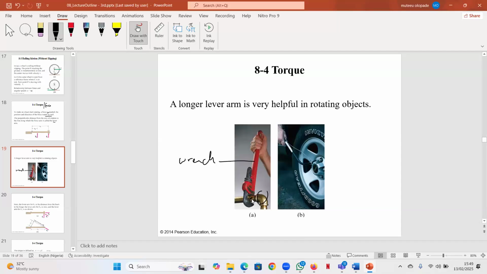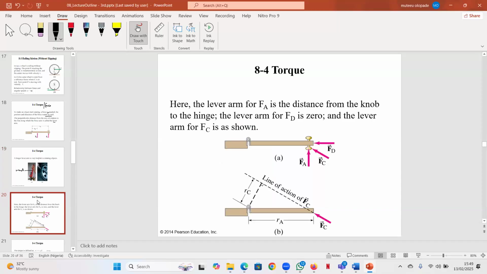This is a fixed point, not moving, but this is the lever. So a torque is being provided by this hand in order to lock up that joint. Here, the lever arm for force FA is the distance from the knob to the hinge. This is the hinge.